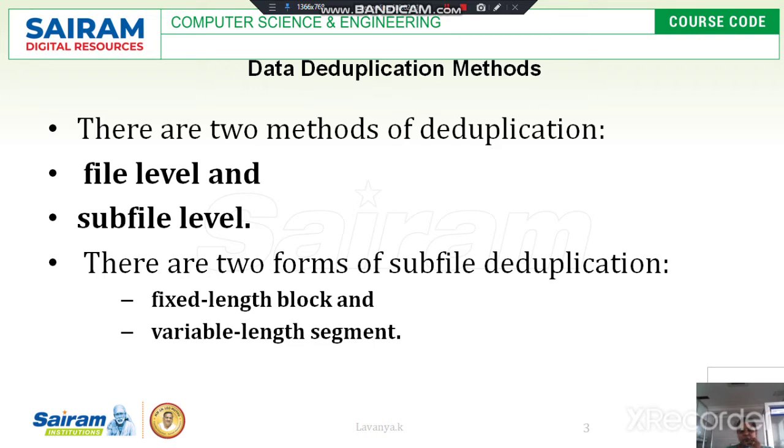In the group of data, we identify the redundant copy by using specialized algorithms or equations. By using these algorithms and equations, we identify the redundant copy of data in that group of files, or in different levels of the data. So this is about the sub file level.